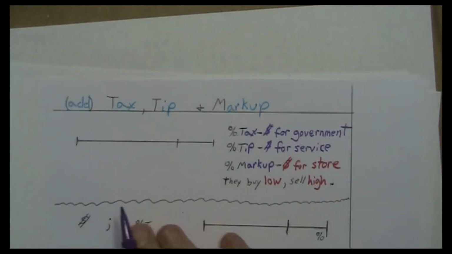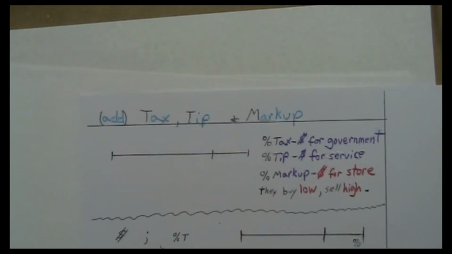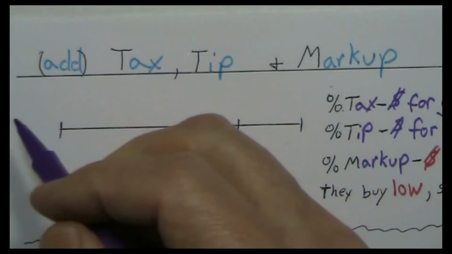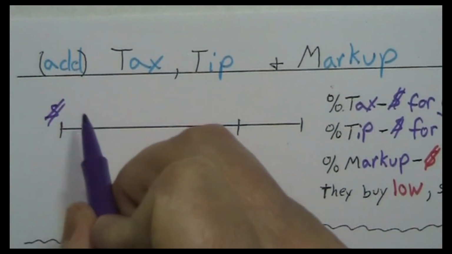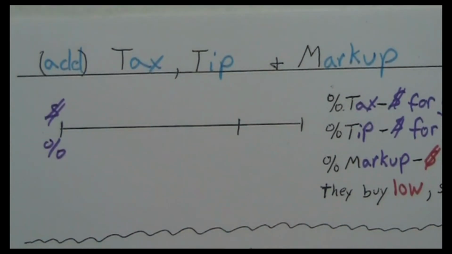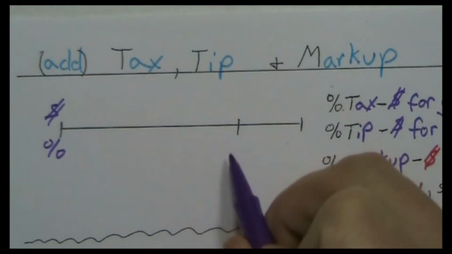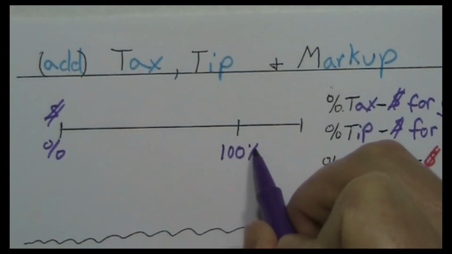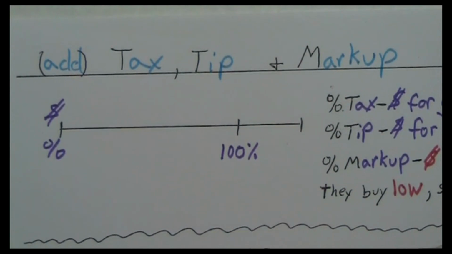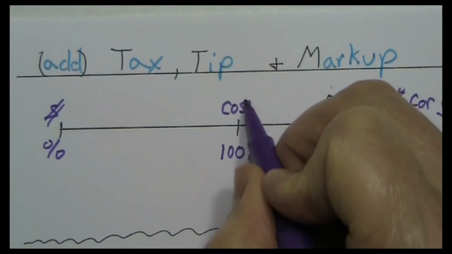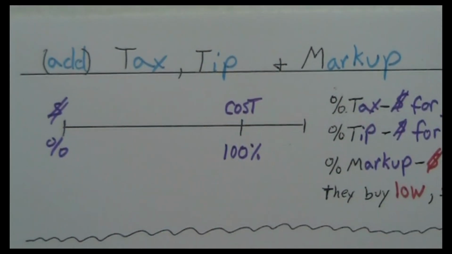Now let's make a little model for this so that you have a picture in your mind. Let's go ahead and we'll put the dollars up on top and we'll put the percent on the bottom. So 100% is going to be the cost of an item. The cost.